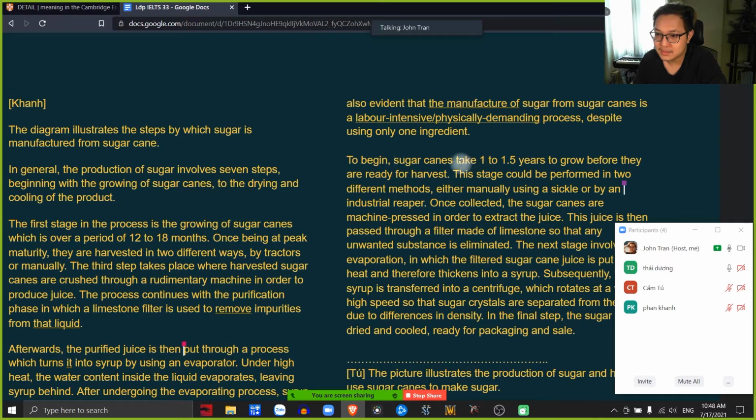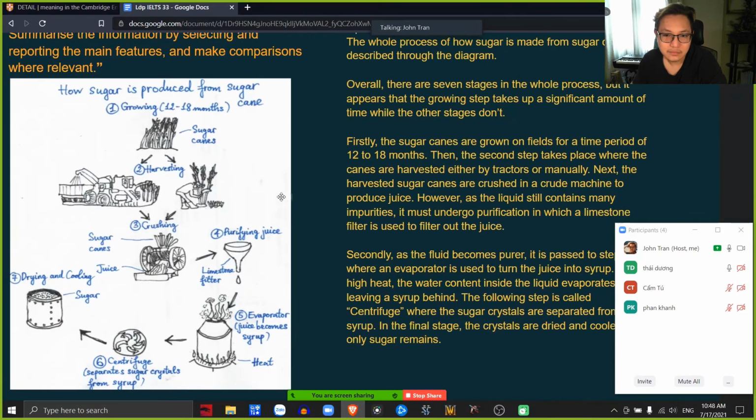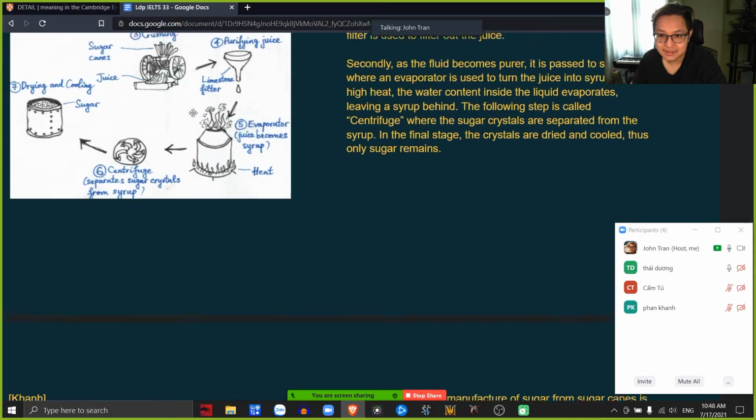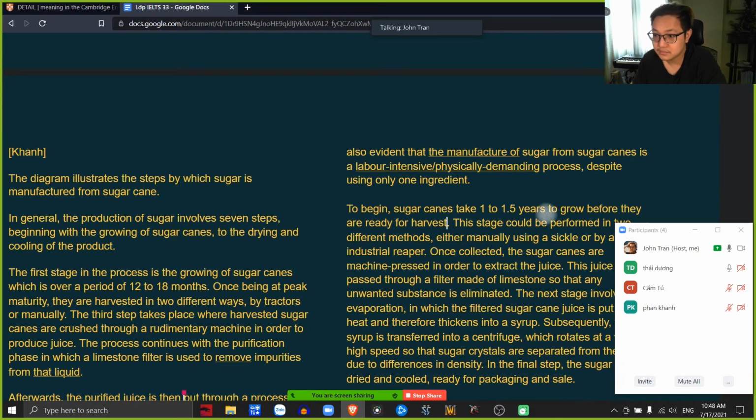To begin, sugarcane takes 1 to 1.5 years to grow before they are ready for harvest. Actually 12 to 18 months, 1 to 1.5 years, yes.